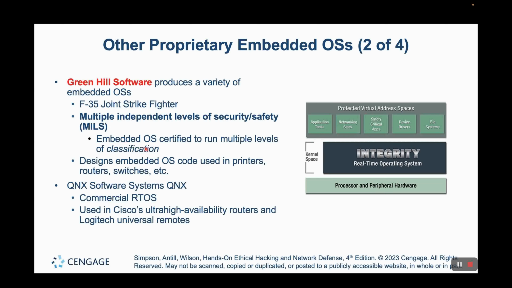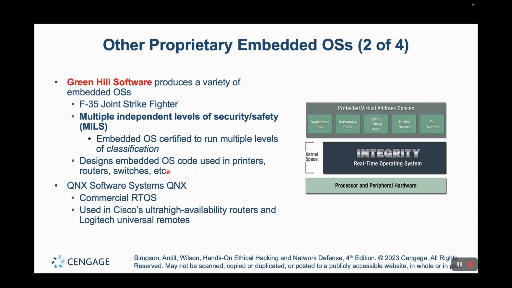Now, also here, if you look at the classification, it is certified to run multiple level classification. This means that the operating system here has been tested and approved to be used with sensitive data such as classified military information.